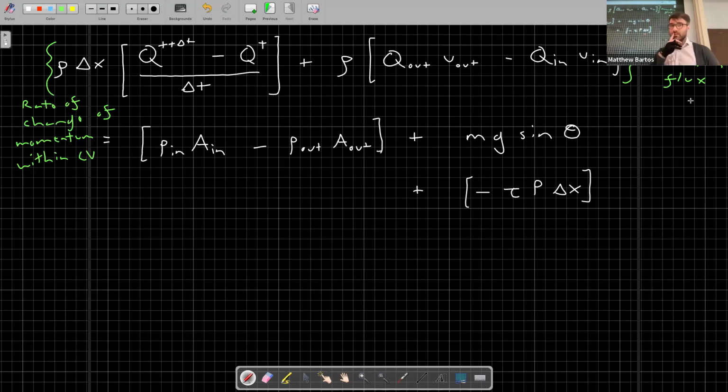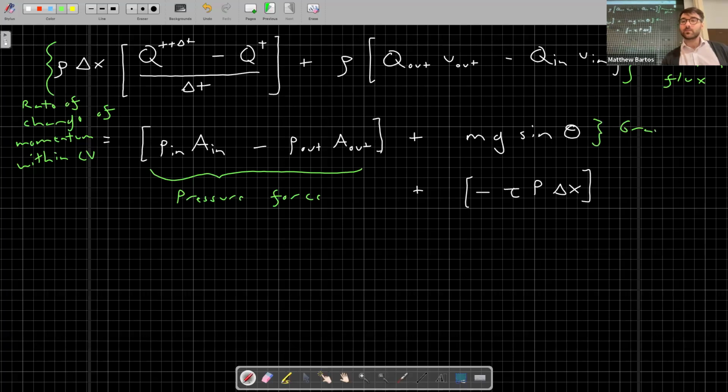And I know there was a question on this last time, so I'm going to come back to it briefly. This term here is the net pressure force. This term here is the gravitational force. And this term here is the frictional force.